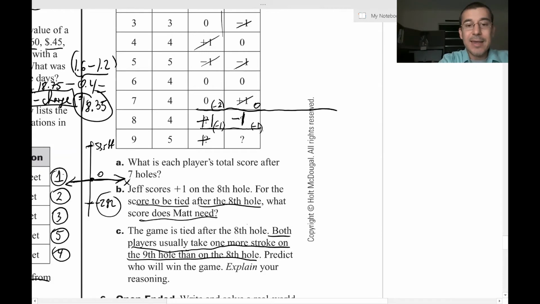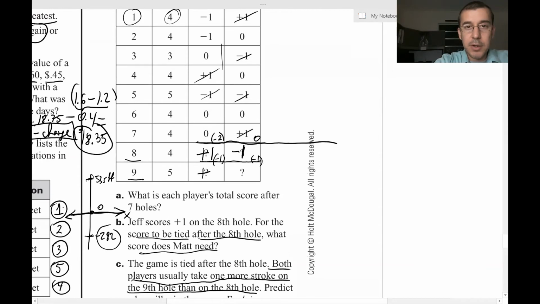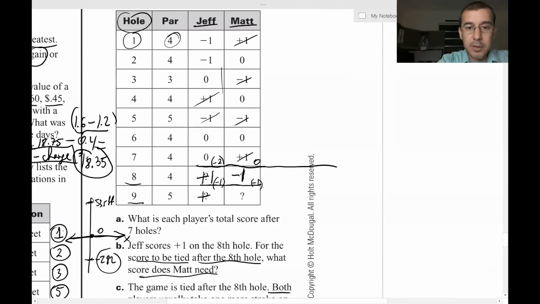That means that they are the same. Their score is going to be the same on the 8th hole as on the 9th hole. Since Matt is better on the 8th hole, you see he's -1. He's below par. Jeff is above par.